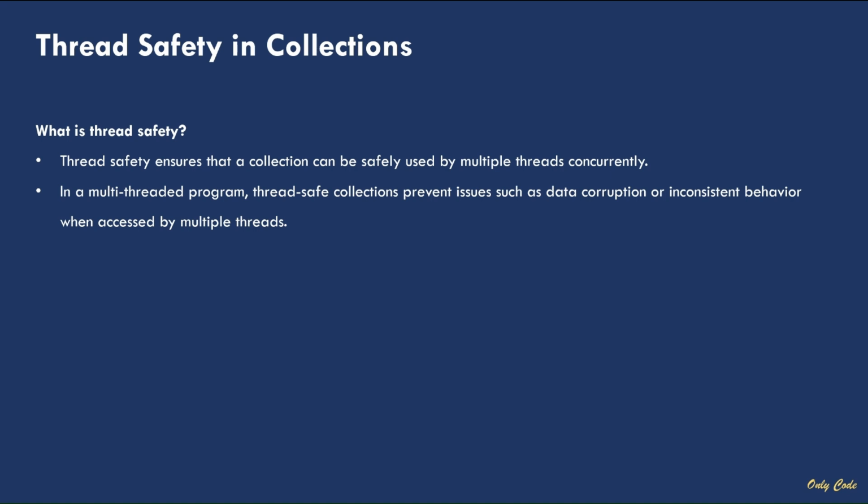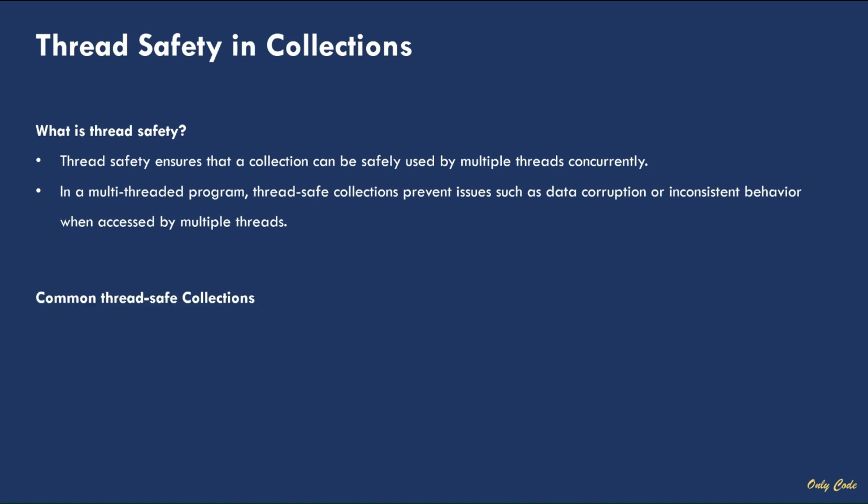In a multi-threaded program, thread safety ensures that the collection remains in a consistent state regardless of how many threads are accessing it. Without thread safety, different threads may interfere with each other, leading to unpredictable behavior.